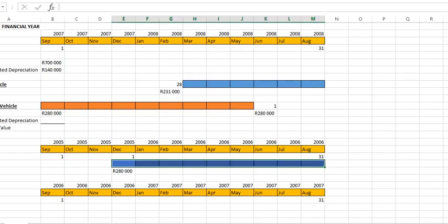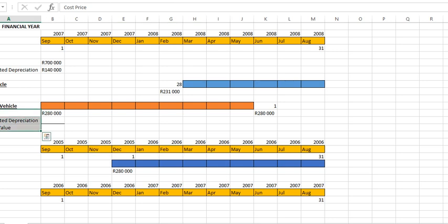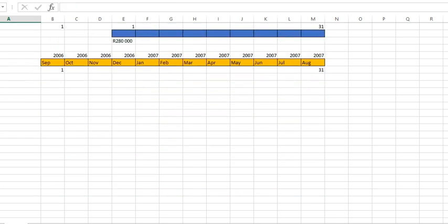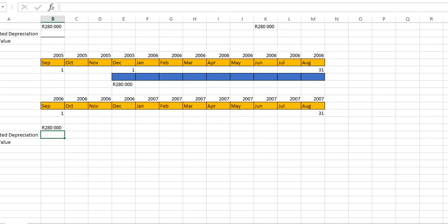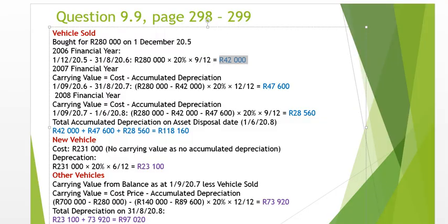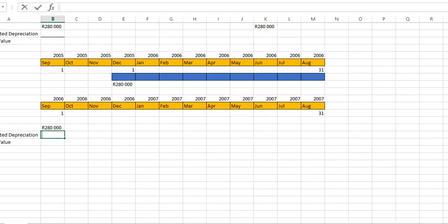If we get to our 2007 financial year, on the 1st of September 2006, our cost price of this vehicle is 280,000 Rand. But our accumulated depreciation up until the date of sale is then 42,000 Rand.